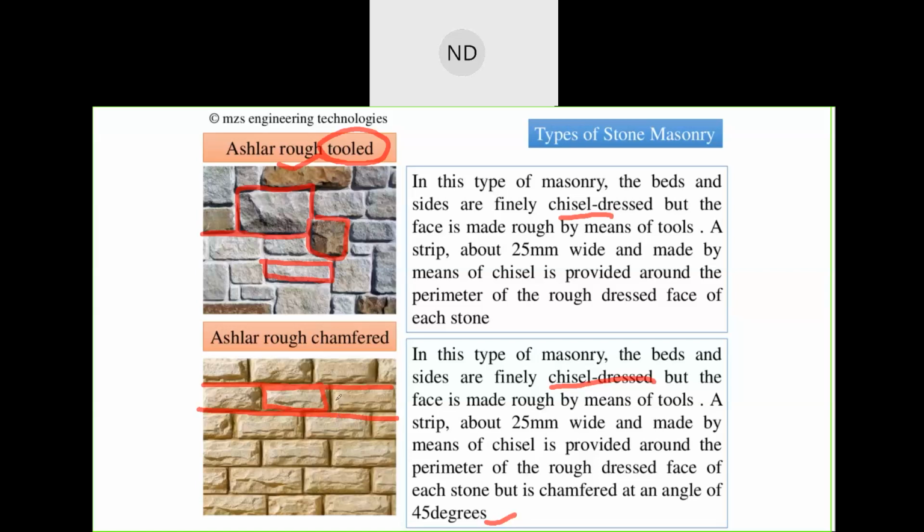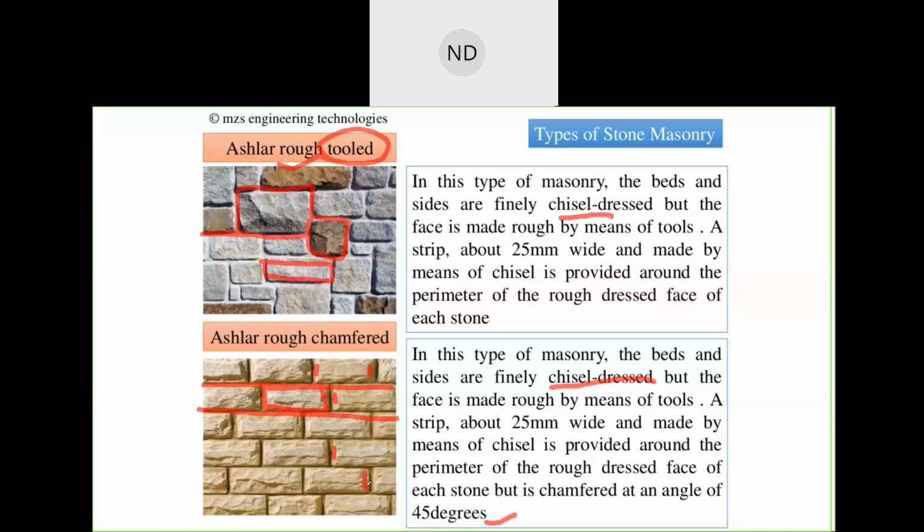But you see here, these portions, these ones, okay, they are placed at a 90-degree angle. But here, with the help of the chisel, what is done? At an angle of 45 degrees, it is chiseled here and it is made rough. These are the edge portions.